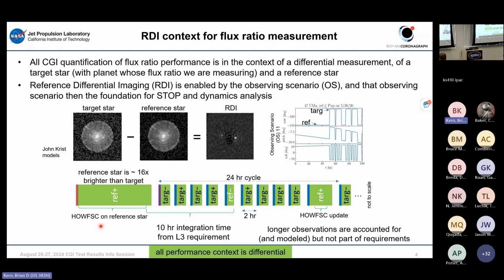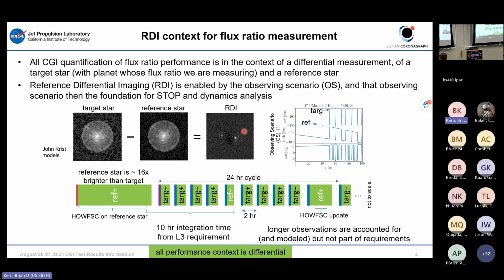So that's the context I'll speak to in the beginning, and then I'll diverge a little bit from that. John did a hugely better job than I possibly will with the context for differential imaging. This is just a graphical recap to say that when we talk about the flux ratio noise, when we talk about the ability to do a good measurement, it's in this context after the differential measurement.